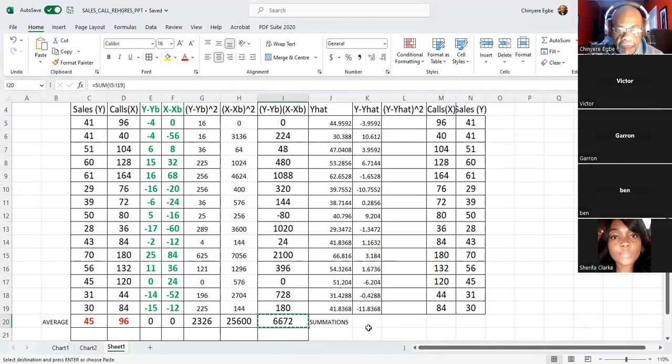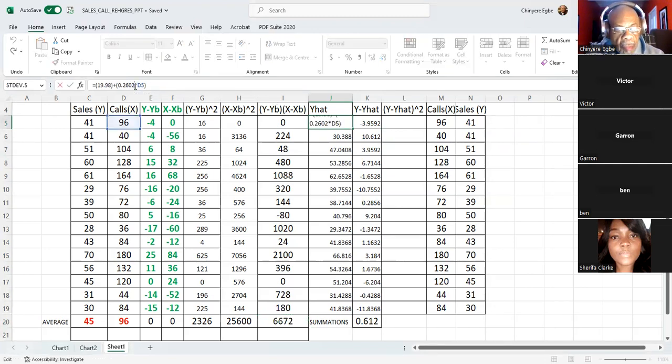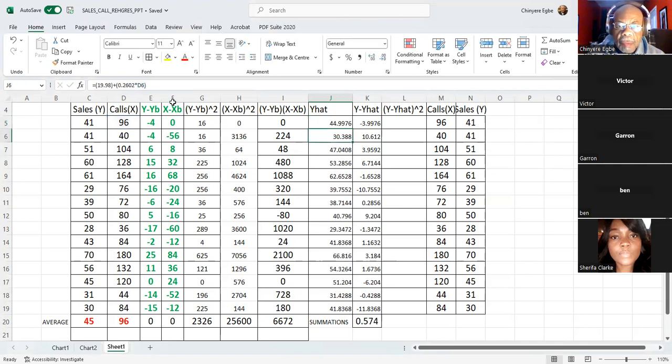We'll copy that formula down. And you can see that because I used 0.2602, if I had used 0.26026, actually, I think it's 0.2606. Let me see.